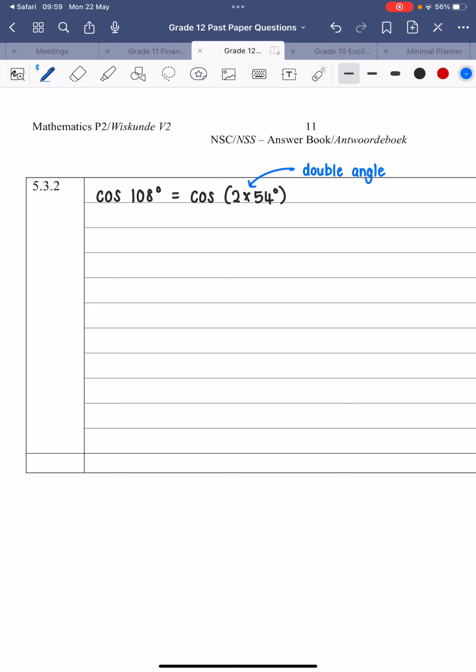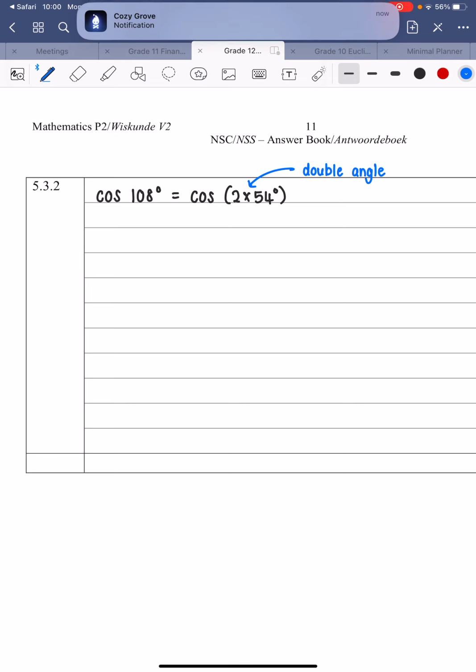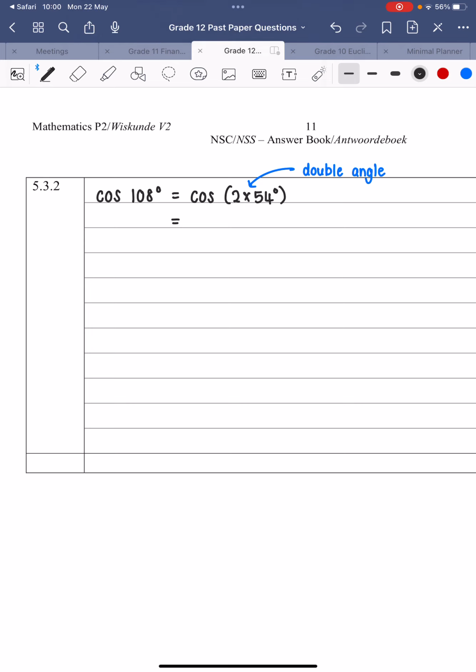Now guys, this is where we have 3 to choose from, right? We can do any one of them. What are they again? Is it 1 minus 2 sine squared x? Is it again? Let me quickly see. It's on the formula sheet. Yes. All right, so we can do 1 minus 2 sine squared 54.